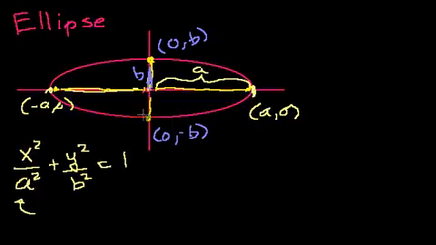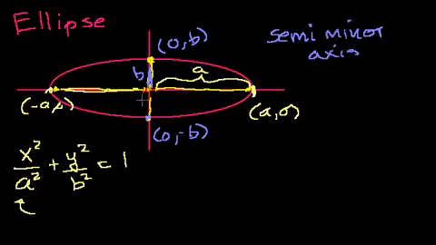But in the short and fat ellipse, the direction that you're short in, that's called your minor axis. And so b, I always forget the exact terminology, but you call it the length of your semi-minor axis. Let me write that. Semi-minor axis.